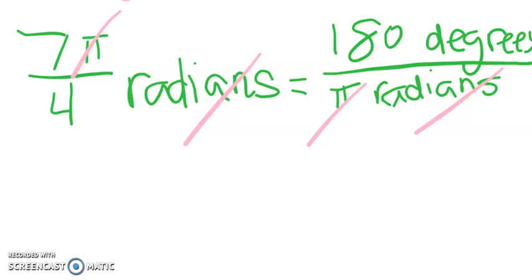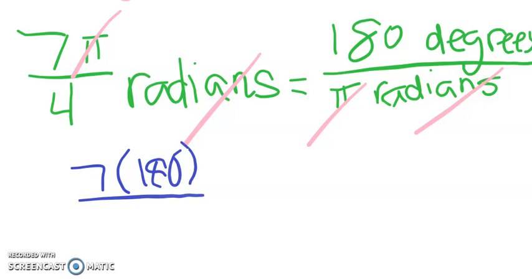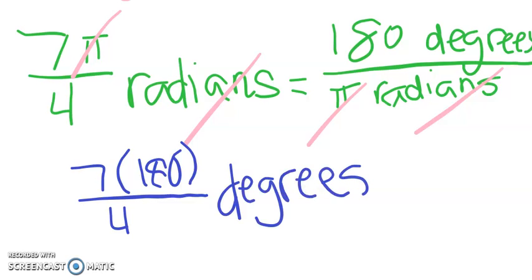Now we just multiply across. So 7 times 180 over 4 degrees. Now, 7 times 180 is equal to 1,260 over 4.